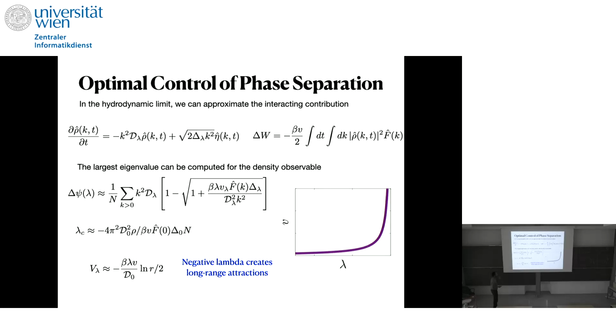And then what we can do, in the most simple form, is get the eigenvalue and the eigenvector and solve for it. What you get is that a negative lambda, which is lower than average, gives rise to long-range attractions.